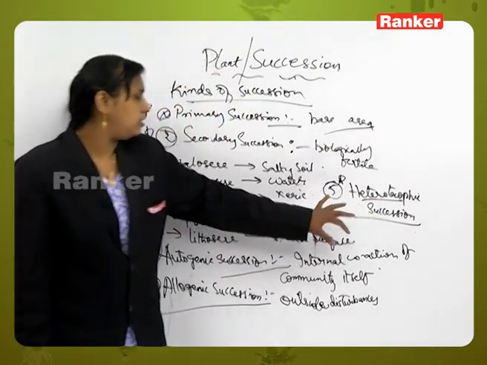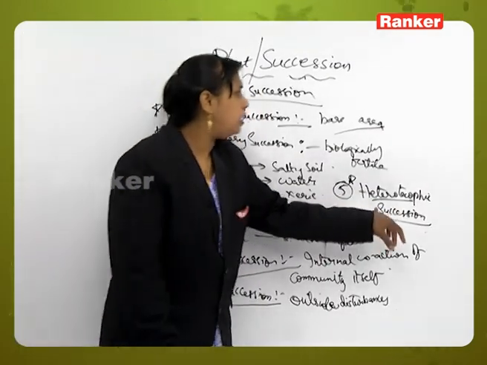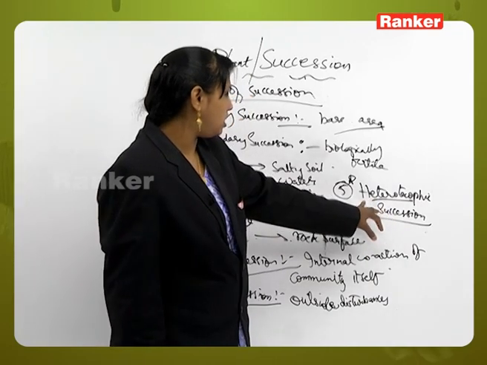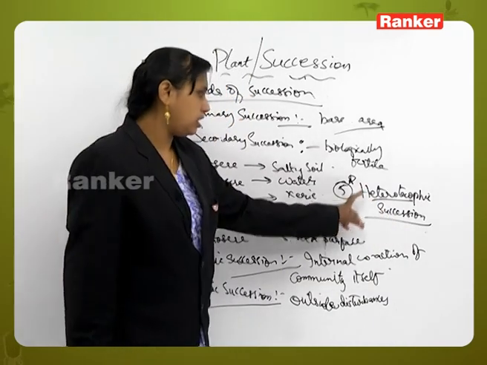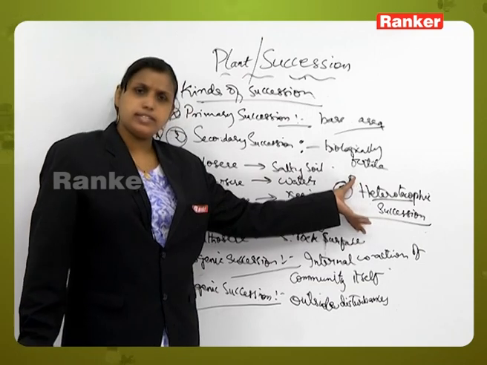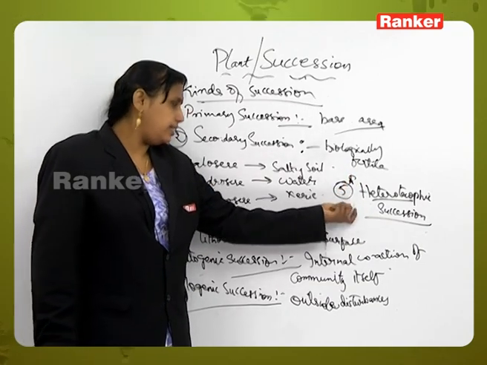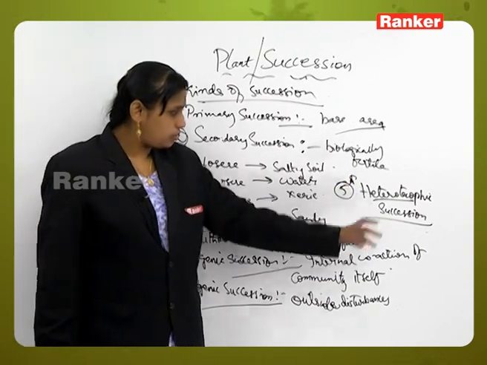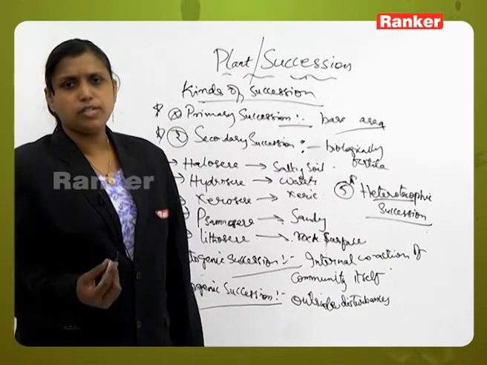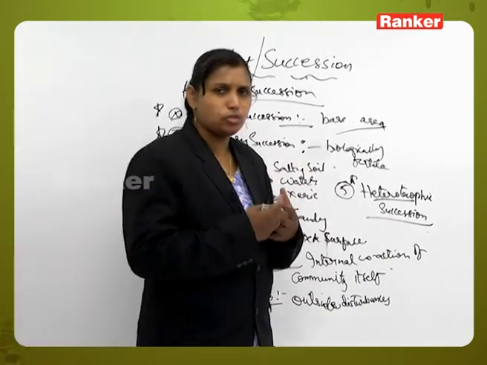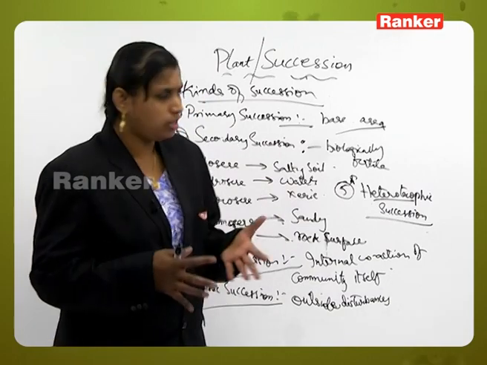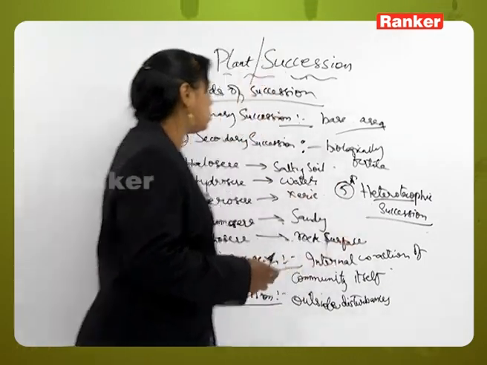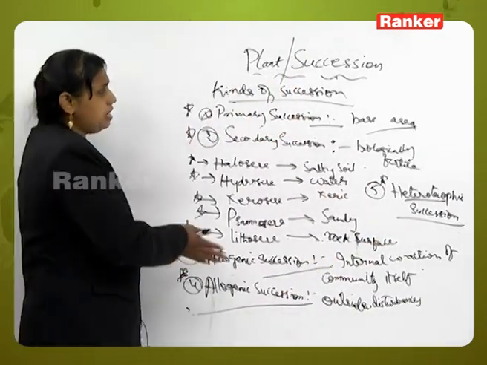Water bodies containing sewage, litter, etc. can be taken as examples for heterotrophic succession. So a type of succession where there is early dominance of heterotrophs like bacteria, fungi and animals is called heterotrophic succession. So these are the different kinds of succession.